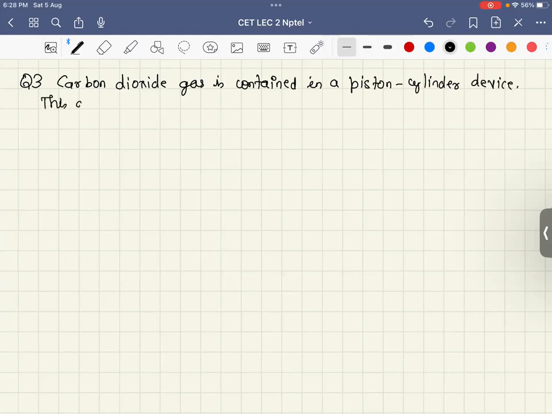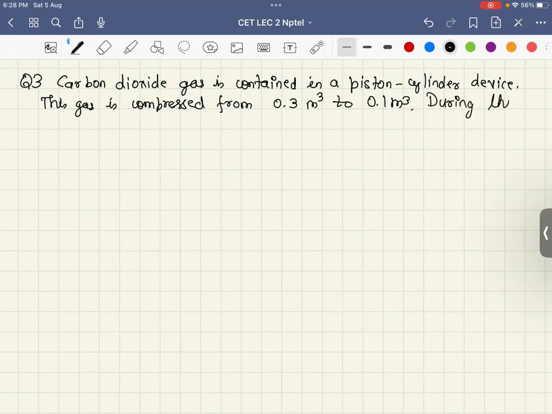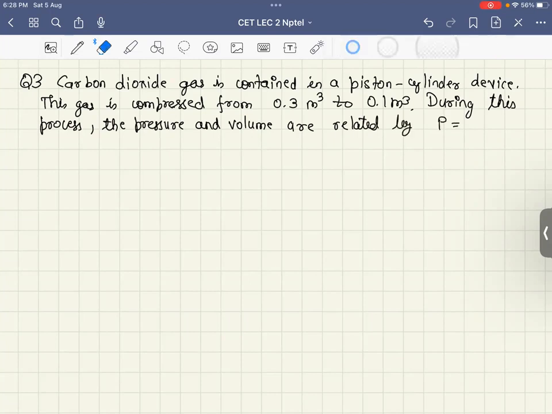And this gas is compressed from 0.3 meter cube to 0.1 meter cube, and during this process the pressure and volume are related by P is equal to A V to the power minus 2, right?